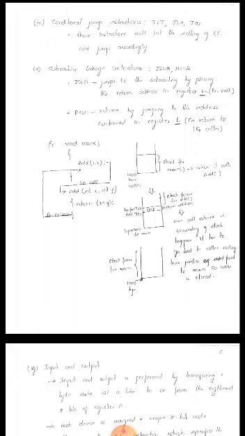And next is conditional jump, that is based on CC: jump less than, jump equal to and jump greater than. And next is subroutine linkage instruction, that is JSUB and RSUB. When I make a JSUB, I have to pass the label.